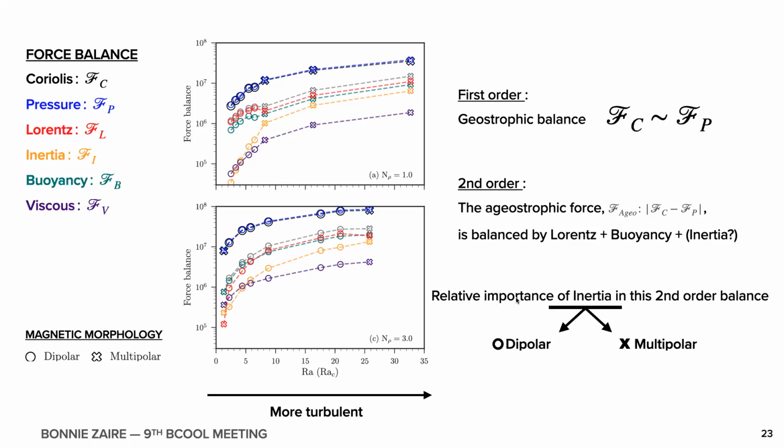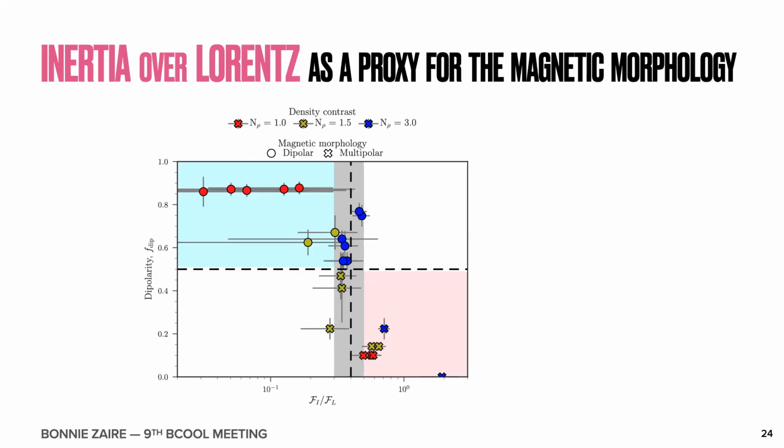And it seems that the relative importance of inertia in the second order balance is responsible for controlling the magnetic morphology in these simulations. For instance, we had one case where we didn't have a strong influence of Lorentz, but as soon as this Lorentz influence got strong, we had these dipolar solutions shown as circles. And as inertia was increasing its relative importance, we saw the transition here. What I show you here is how this ratio was behaving for our simulations.